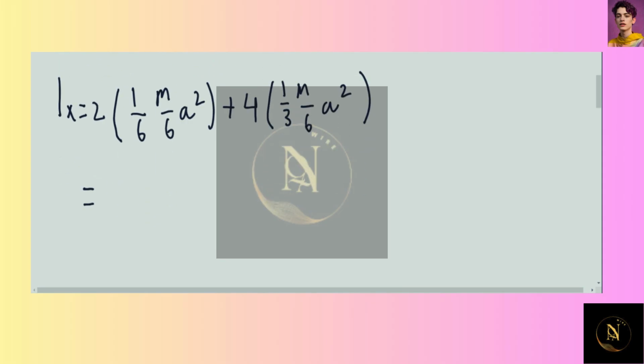And we can simplify this to 5 over 18 times m times a squared. And since this cube is symmetrical, we can say that this is also equal to the moment of inertia about the y direction and also the z direction.